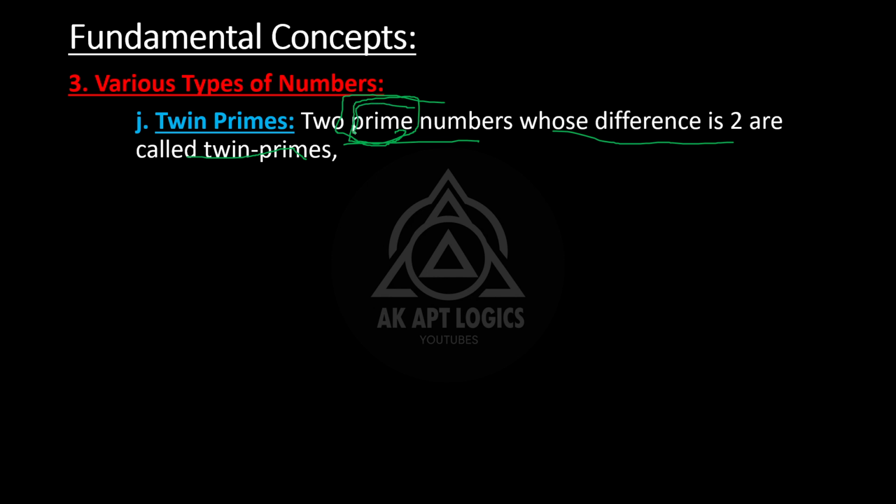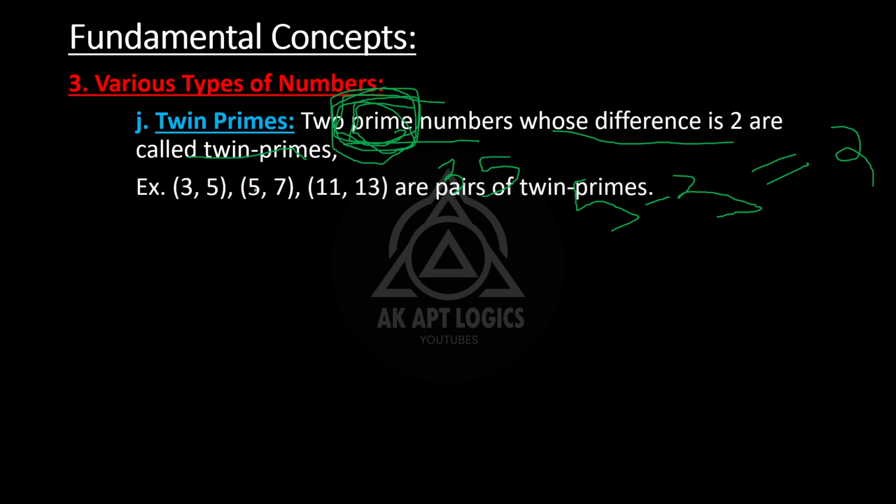For example, take 3 and 5. 5 minus 3 is 2, so 3 and 5 are twin primes. Also 5 and 7, since 7 minus 5 is 2, and 13 minus 11 is also 2. These are pairs of twin primes.